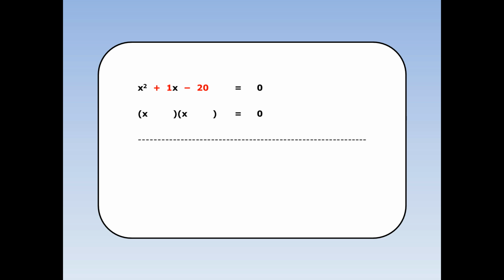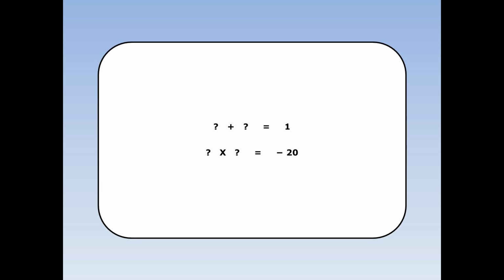Next, I need to look at the plus 1 and the minus 20. I say to myself, I need two numbers, something plus something equals plus 1, and the number times the number equals minus 20. What are these two numbers? Well, one of them must be negative, because I've got something times something equals minus 20.